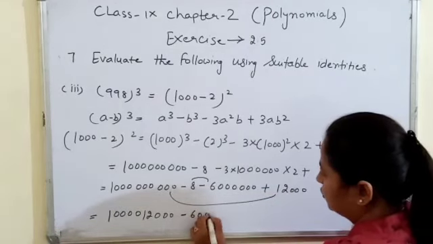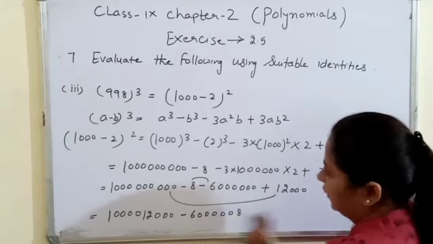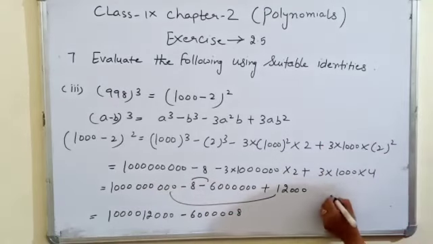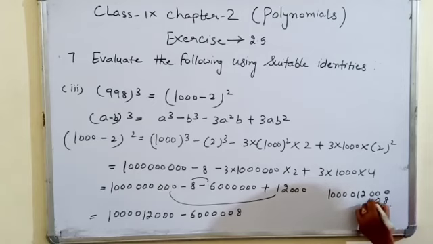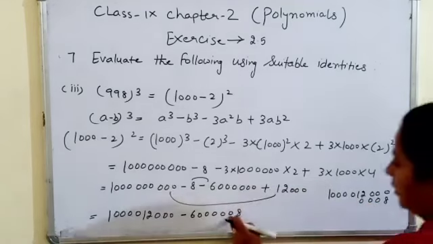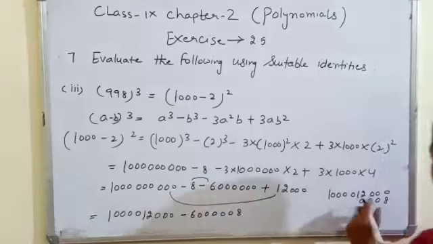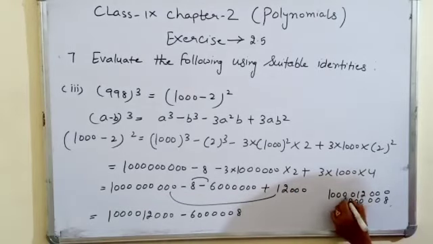These are 6,000,000 and 8. Now subtract. Do the subtraction.